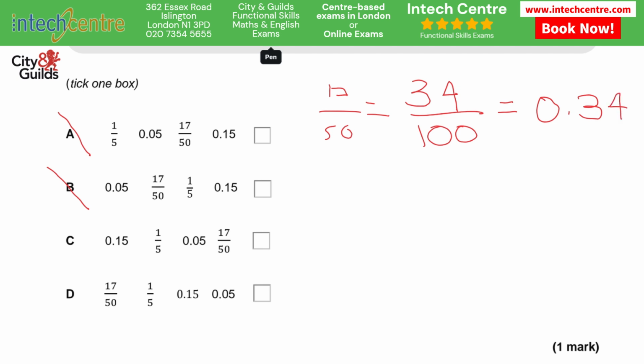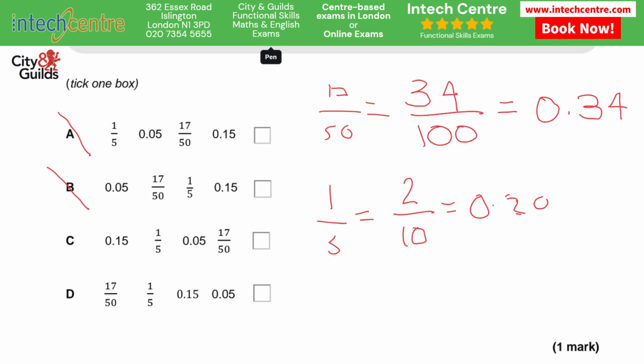Now we can see already that this is larger than both of the decimals we already have. The next fraction we have is 1 over 5, which is the same as 2 over 10, which is equivalent to 0.2 or 0.20 if we were to put it all into 2 decimal places.